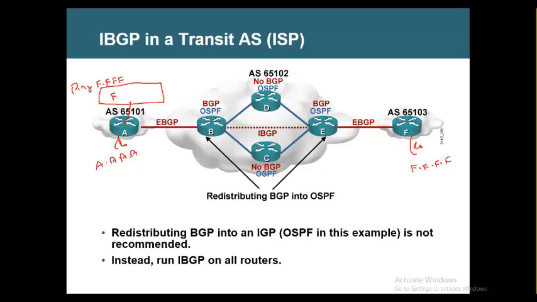A needs the route to reach F in the routing table. And F needs the route to reply back to A, because the traffic is coming from A. From A you are pinging, so your source address is A. If F needs to respond back, it needs to know the route to reach A in its table.